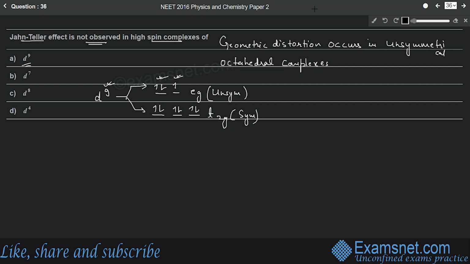So this is unsymmetric filling. That means due to this unsymmetric filling there will be distortion. The geometric distortion will be observed, that is, the Jahn-Teller effect will be observed.